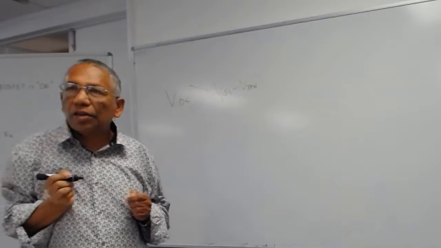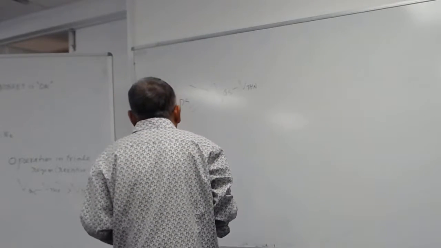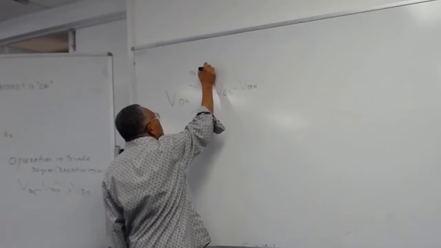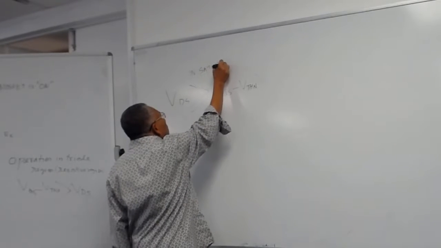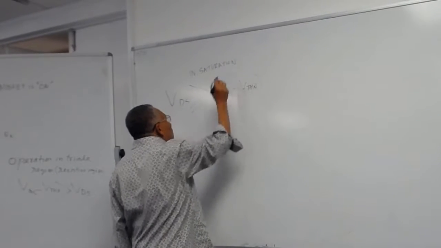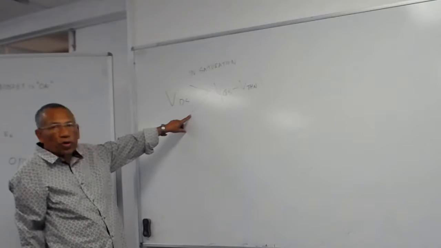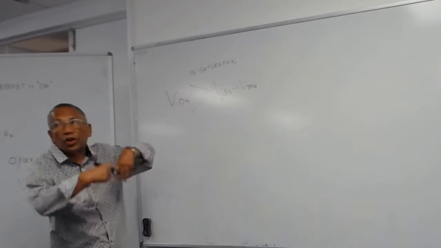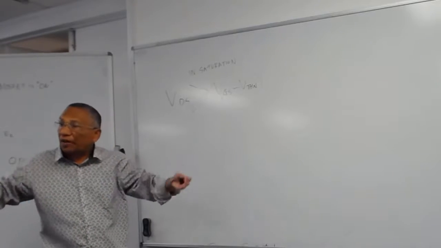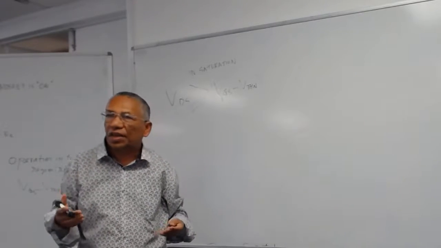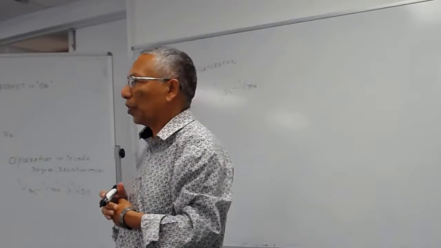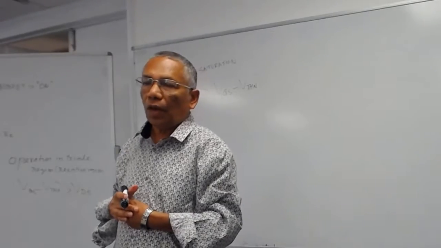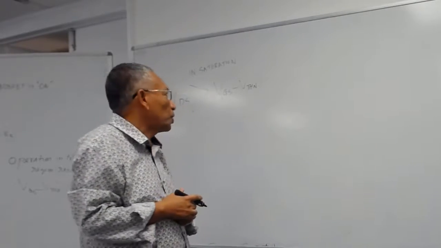In this case, you call it to be in saturation. If the equality sign holds, then it is at the edge of saturation. If it is greater, then it is deep into saturation. The greater VDS compared to VGS minus VTH, the more and more it will be in saturation.